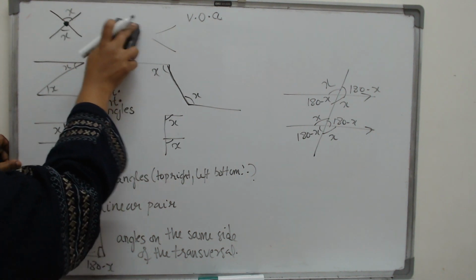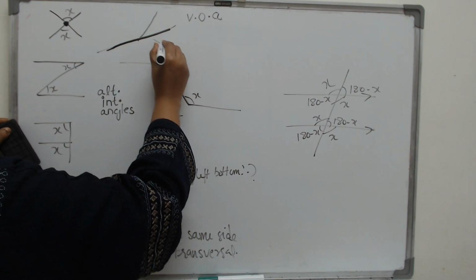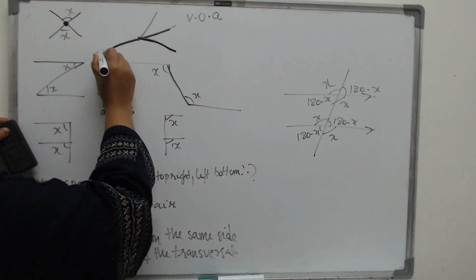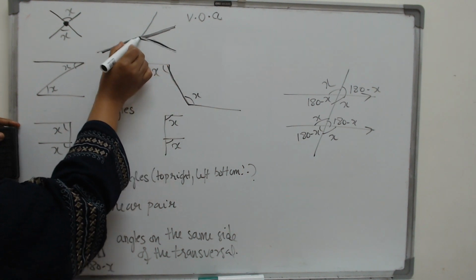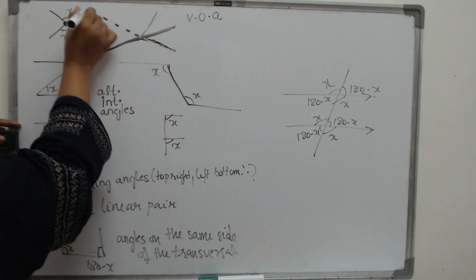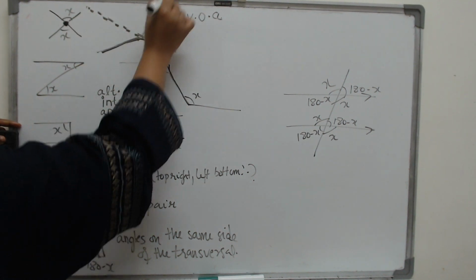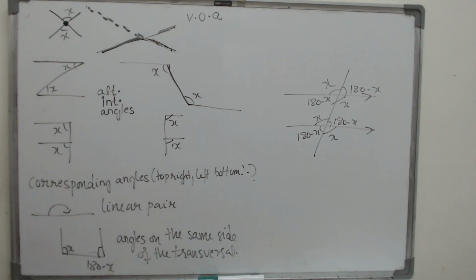But remember, this is not vertically opposite. Do you see what is happening here? You have one line here, but the other line comes and stops here and then goes like this. It is not a straight line. This would be a straight line. This is not. So remember, what you are looking for is the English alphabet X.